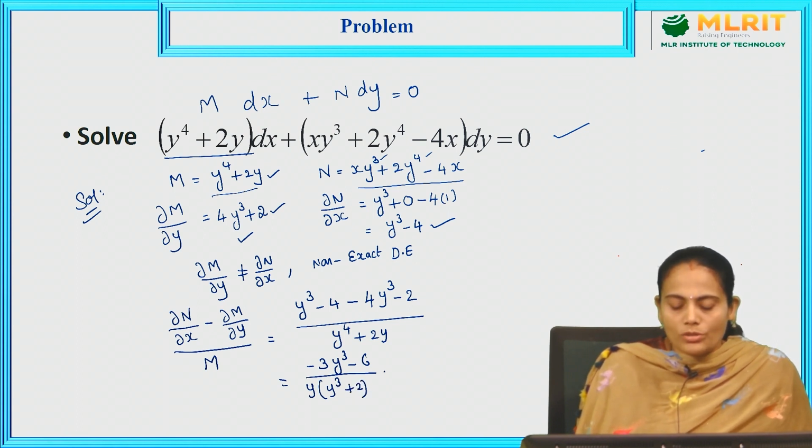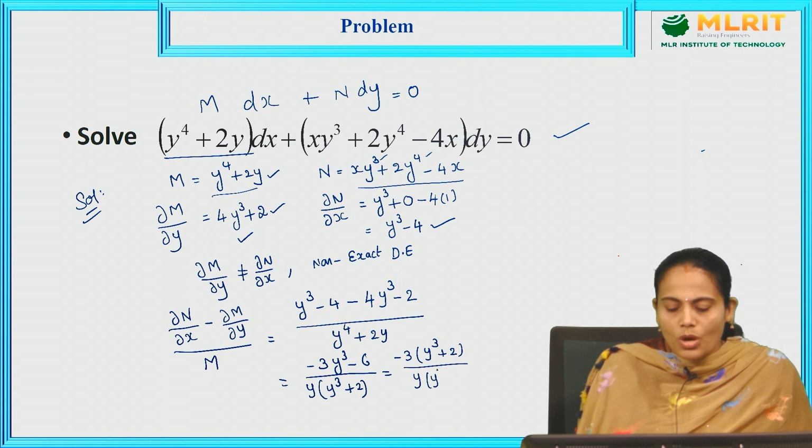In the numerator take minus 3 common: minus 3 into y cube plus 2, divided by y into y cube plus 2.